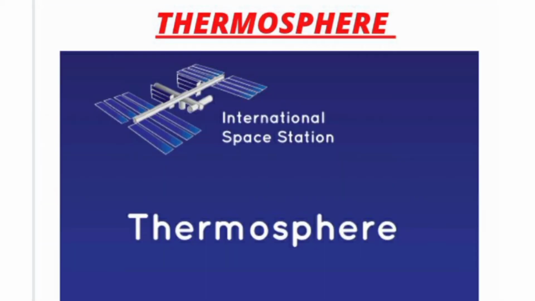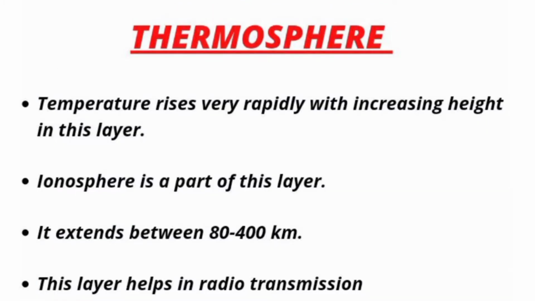Now we will discuss thermosphere. Temperature rises very rapidly with increasing height in this layer. Ionosphere is a part of this layer and it extends between 80 to 400 km, and this layer helps in radio transmission.